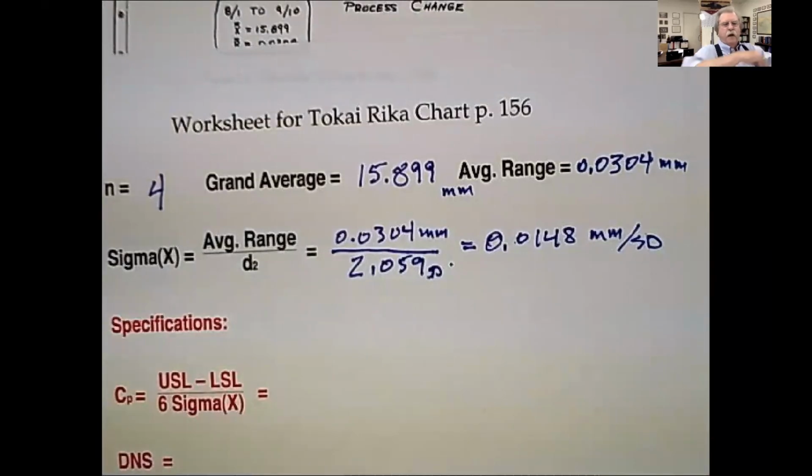Now, what kind of high-tech product do you think they're making that has a standard deviation of 15 microns? 15 thousandths of a millimeter.